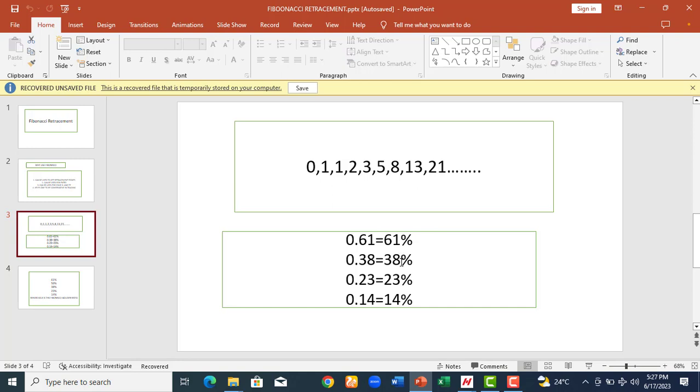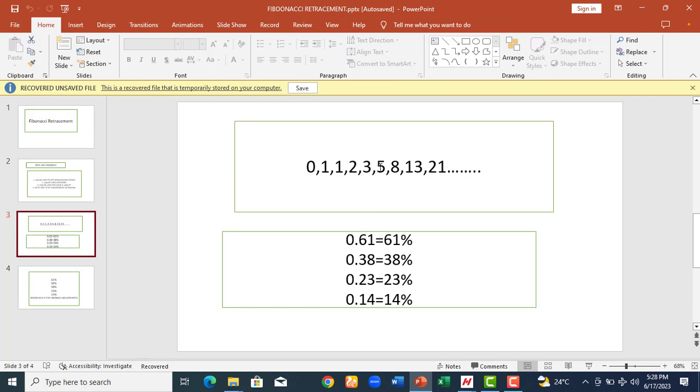But there's what we call the Fibonacci golden ratio in the market. Now, when you do 13 divided by 21, it's going to give you 0.61. When you do 8 divided by 13, it's still going to give you 0.61 with that approximation. When you do 5 divided by 8, it's still going to give you 0.61.